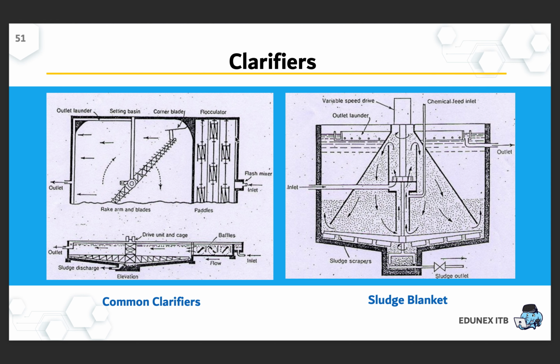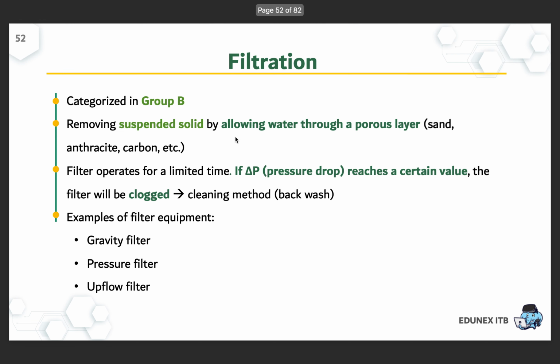This is the figure of the clarifiers. And then we move to group B treatment. So in the group B treatment, we have filtration. Of course, I think all of you are already familiar with filtration. So filtration is used to remove the suspended solid by using porous layer.